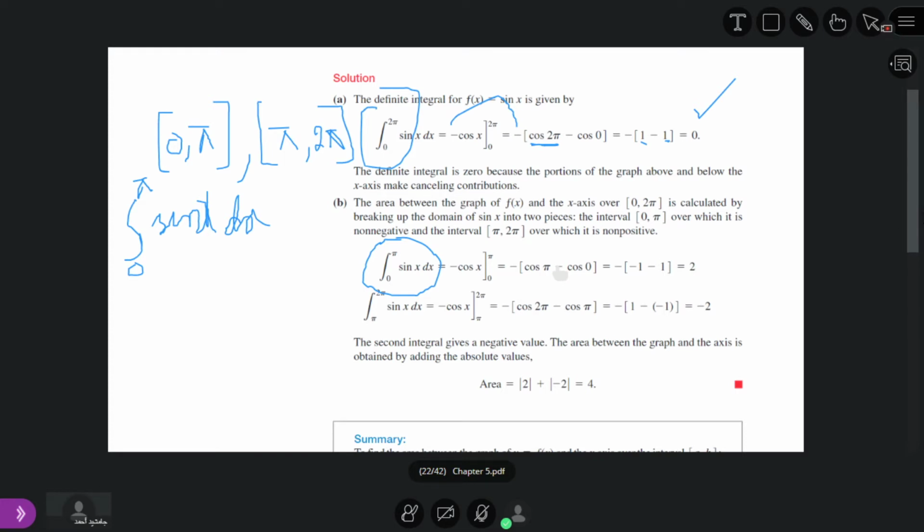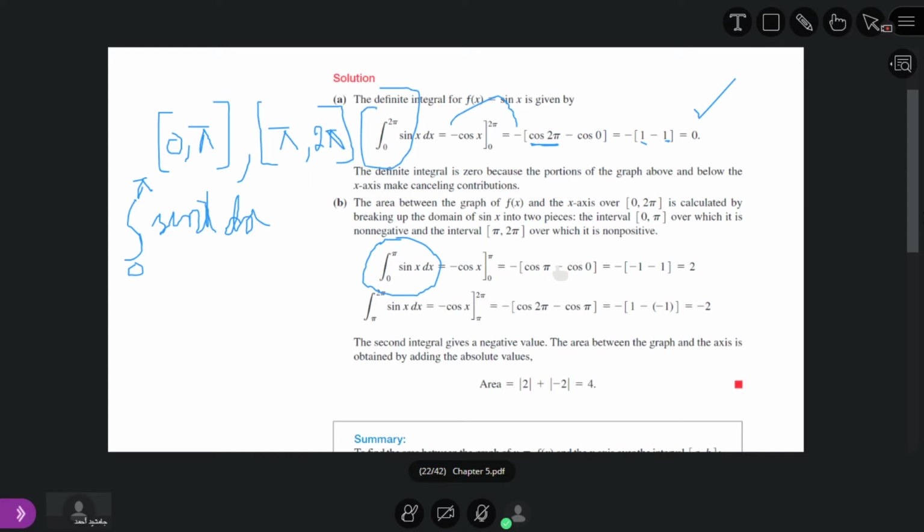Now first we put upper limit. For this subinterval, the upper limit is 2 pi and the lower limit is pi. For the previous interval, pi was the upper limit and 0 the lower limit.